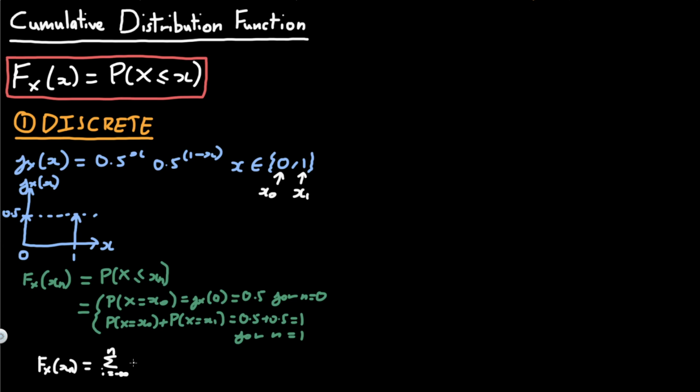And we'd sum over all of the probabilities, which are defined by the mass function. So we can say f_X of x_i.